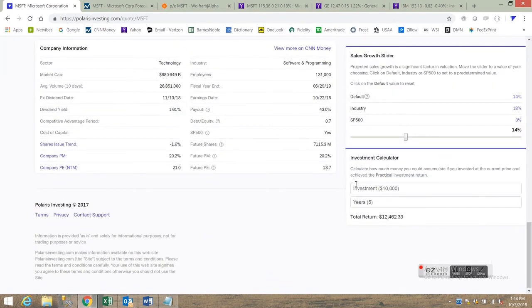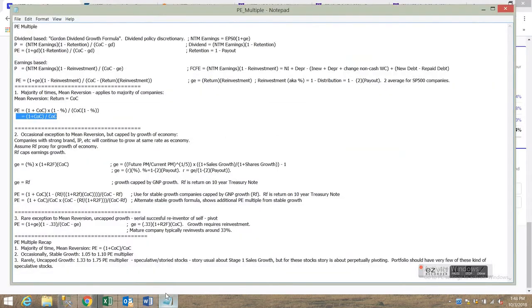Now the question is whether Microsoft is possibly in a unique situation where there's an exception to mean reversion. We've talked in other videos in detail about what these two exceptions are.